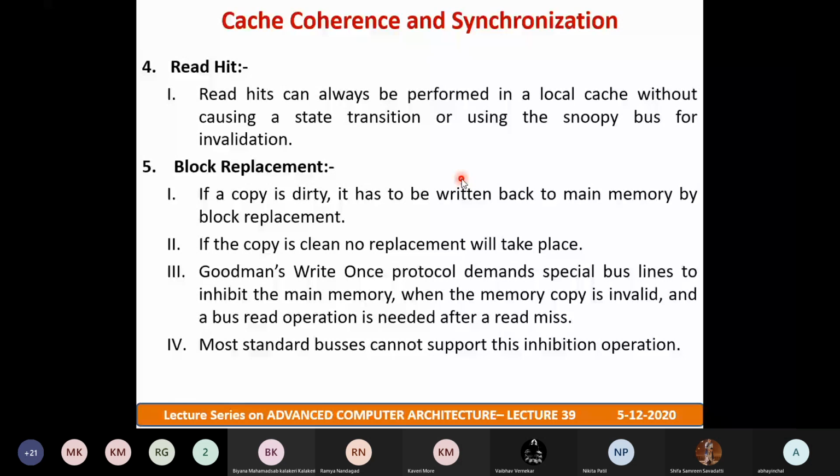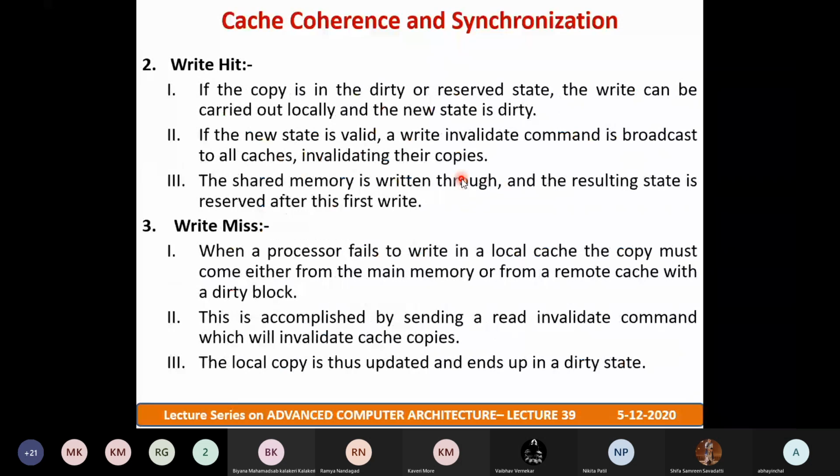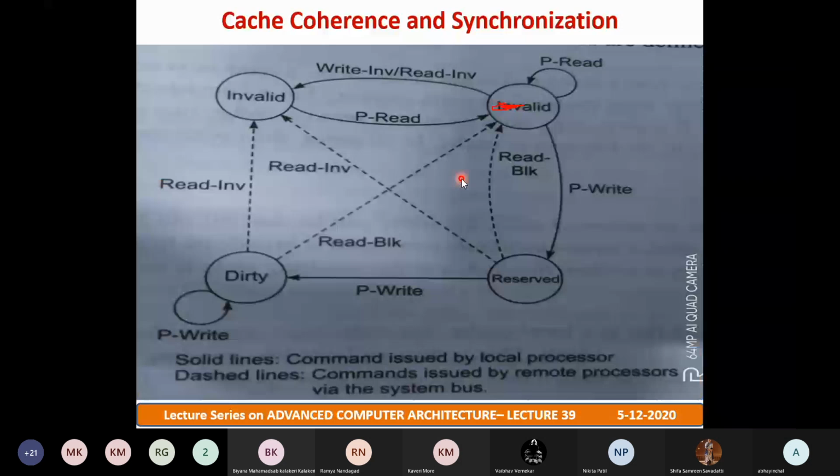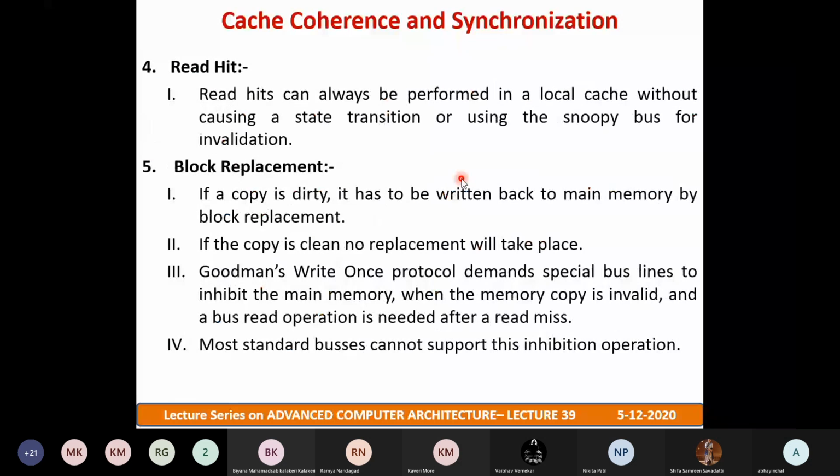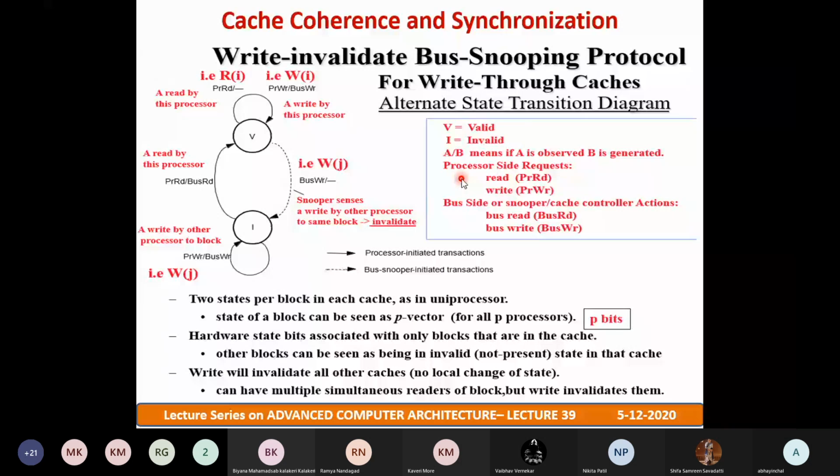But the problem here is most of the standard buses cannot support this inhibition operation, and hence even though the Goodman four-state write once protocol is best, since most of the standard buses don't support the inhibition operation, it is difficult to bring into implementation. This is a write once invalidate protocol.